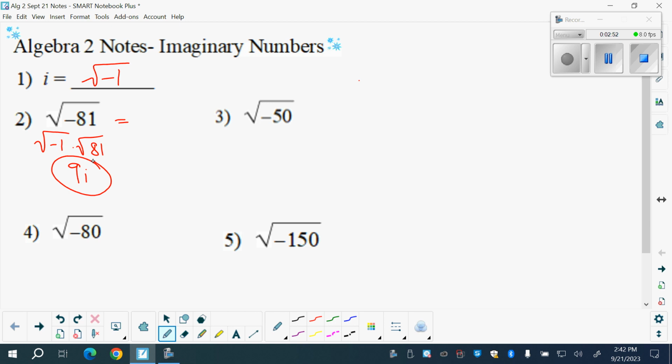So this is different from yesterday's in that we have a negative inside the square root here on this one. Okay, number 3. What do we do then on that one? This is the same thing as the square root of -1 times square root 50, right? And then how do we simplify that square root 50?